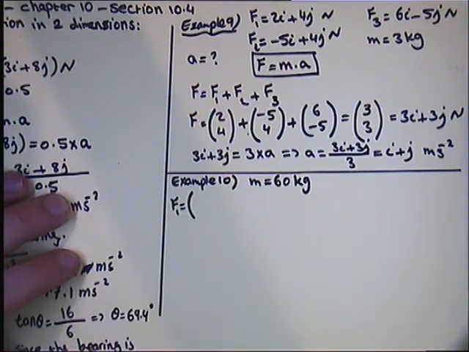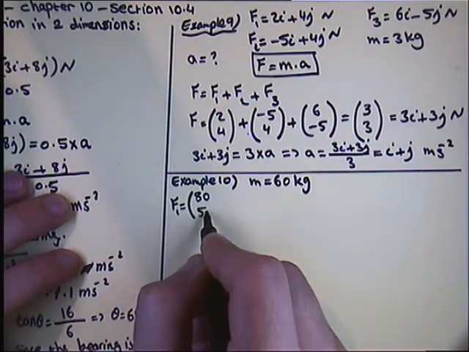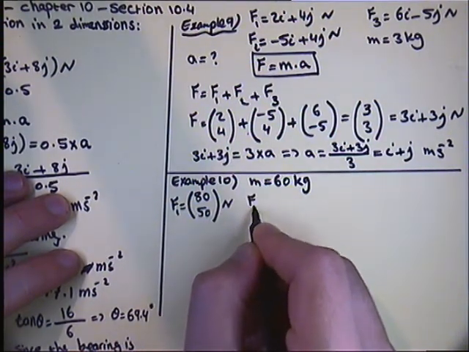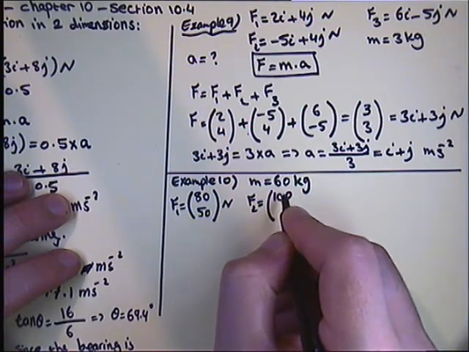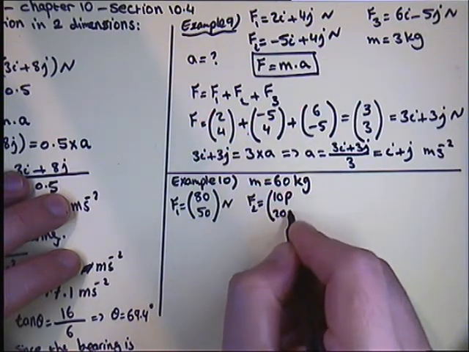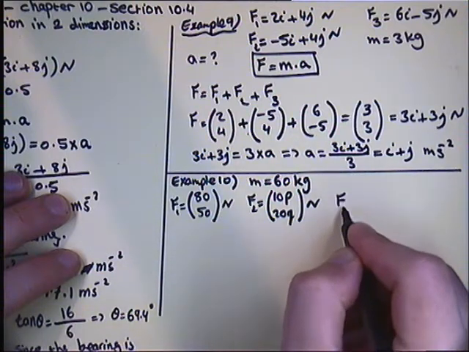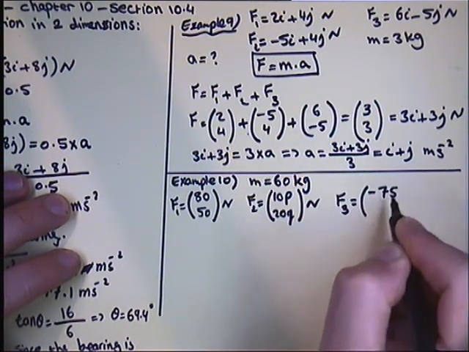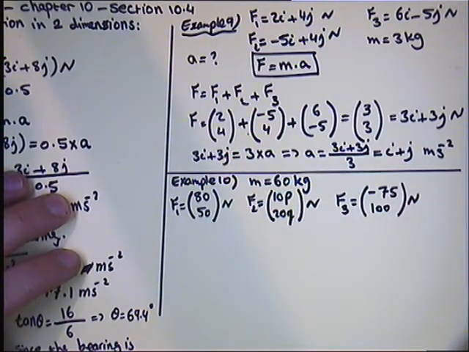All are given as column vectors. F1 is 80i plus 50j newtons, F2 is 10p, 20q newtons, and F3 is minus 75, 100 newtons.